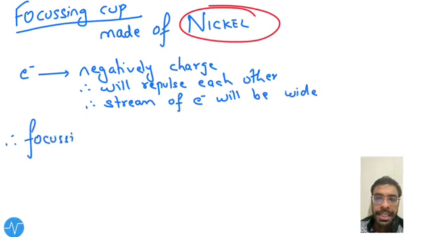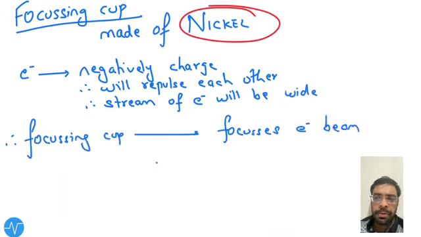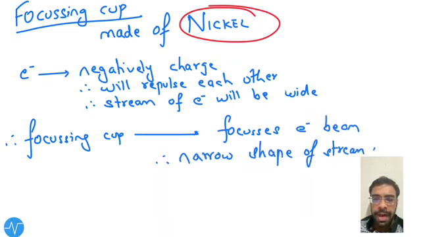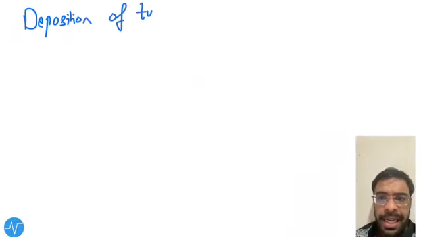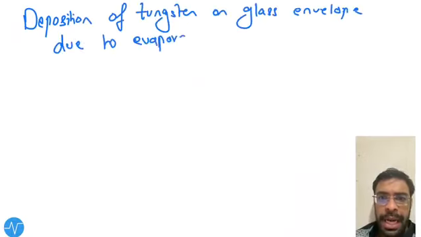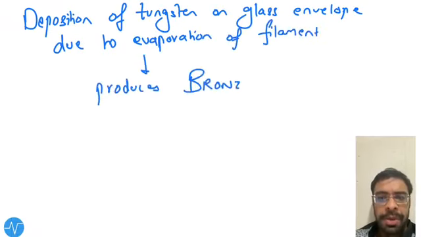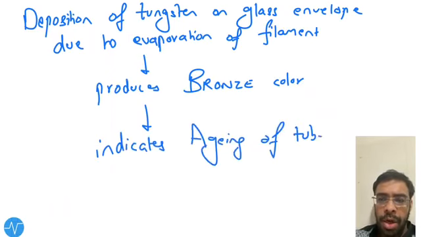This is where the role of the focusing cup comes in: it focuses the electron beam so that it has a narrow shape. And since the filament is heated, there will be vaporization of the filament and deposition of tungsten on the glass envelope. This produces a bronze color, which indicates aging of the tube.